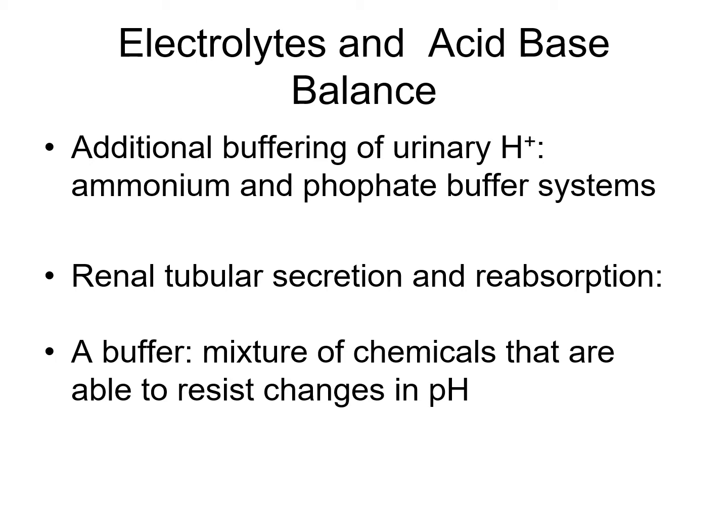What is a buffer? This is simply usually a combination of two chemicals, one acid and the other a conjugate base. The action of a buffer is to resist the change in the pH.